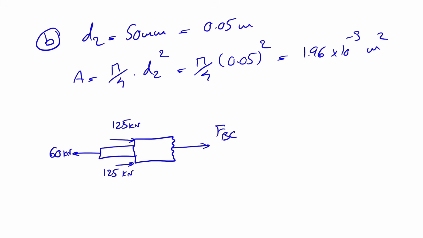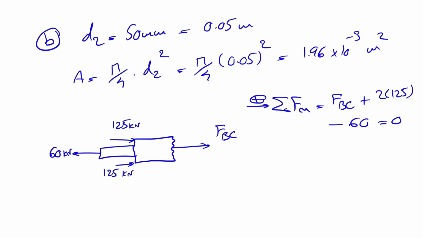We'll assume the positive direction and see what we get at the end. Doing the sum of all forces in the x direction, with positive x in this direction, we have FBC plus 125 plus 125, or 2 times 125, minus 60 equals 0. From here, FBC will be minus 190 kilonewtons.